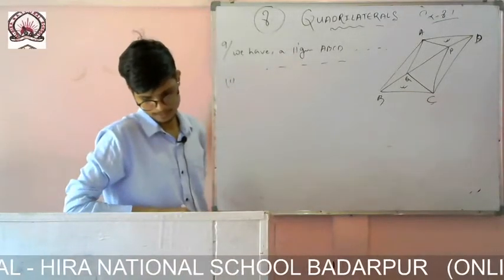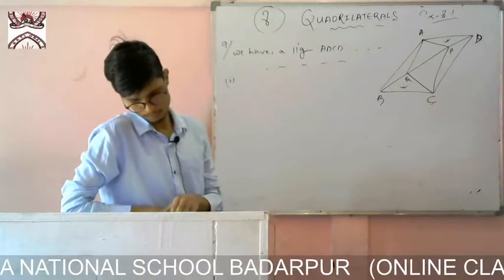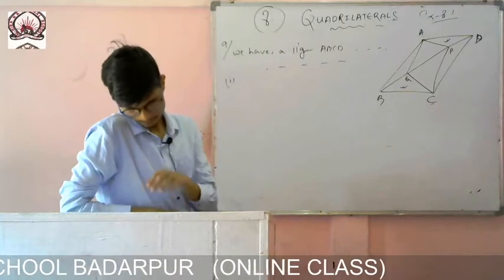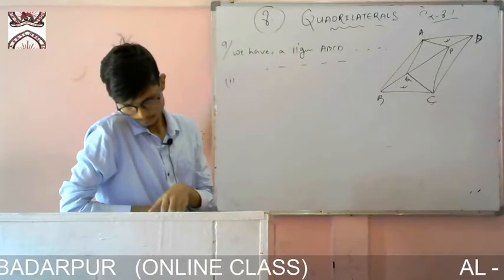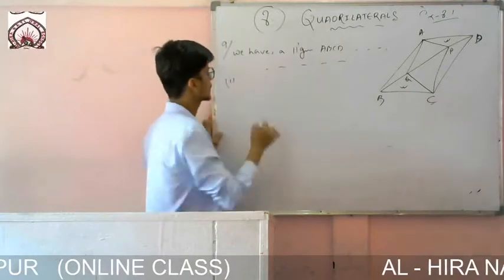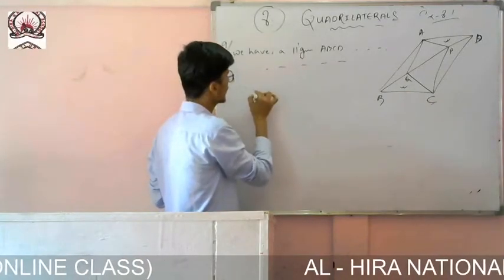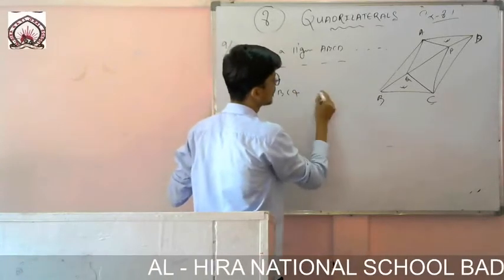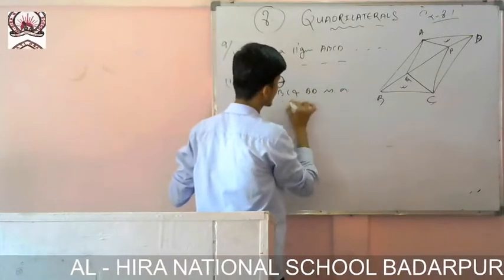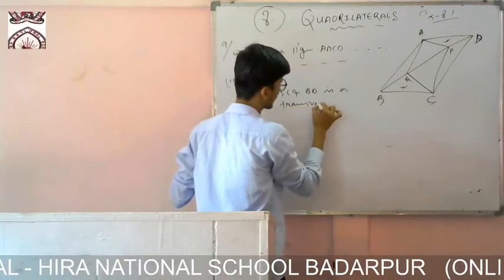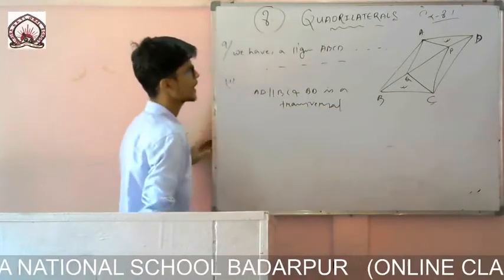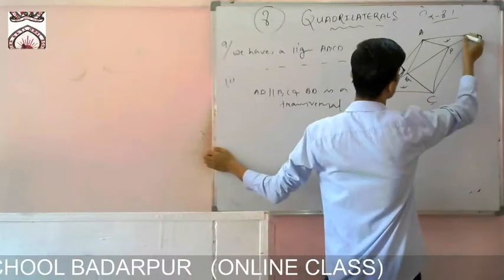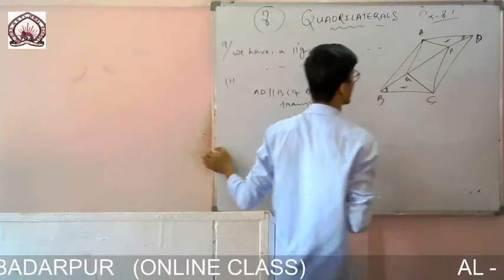First one, it is given that these two triangles are congruent. I have to show that APD is congruent to triangle CBQ. Okay, so let me take like this. Since AD is parallel to BC and BD is a transversal, this angle and this angle will be alternate angles.